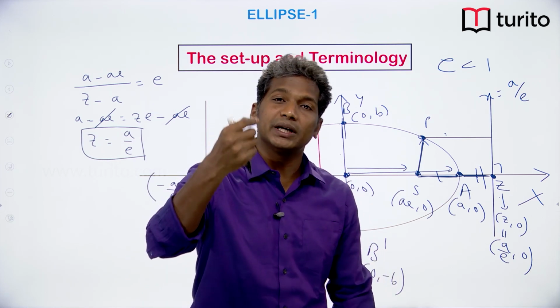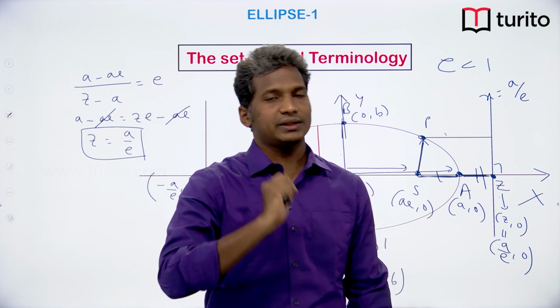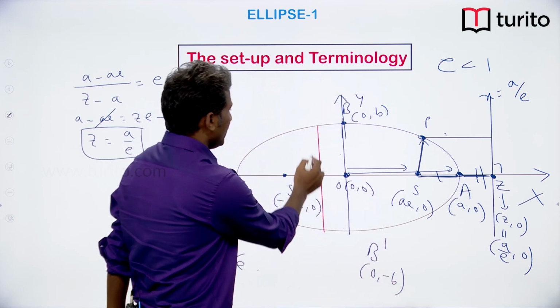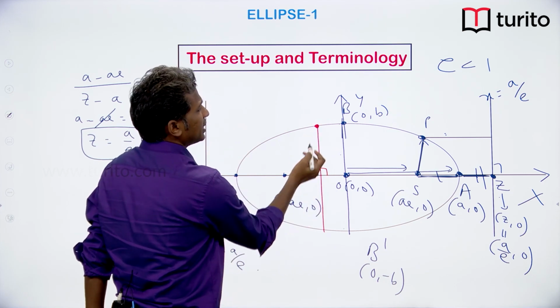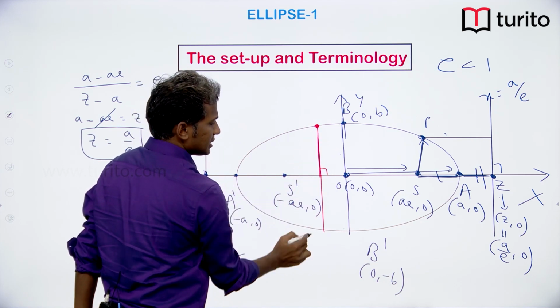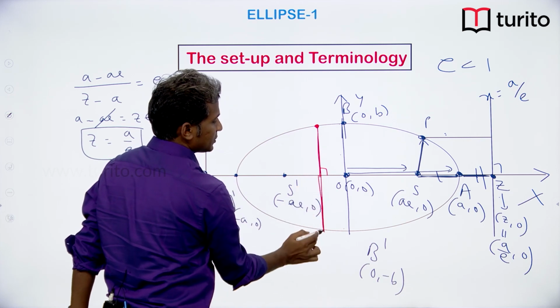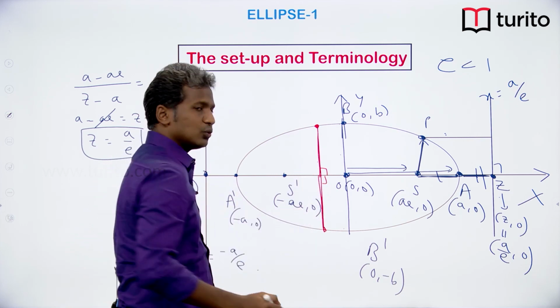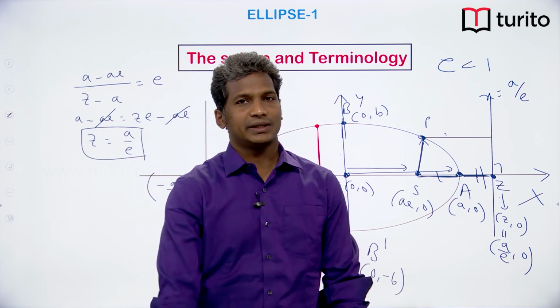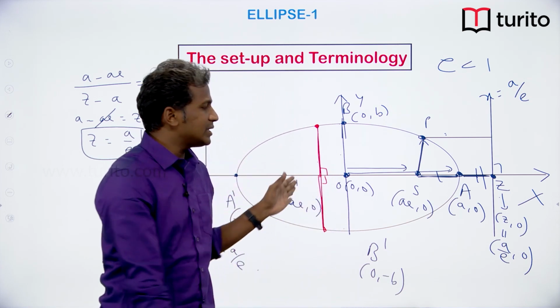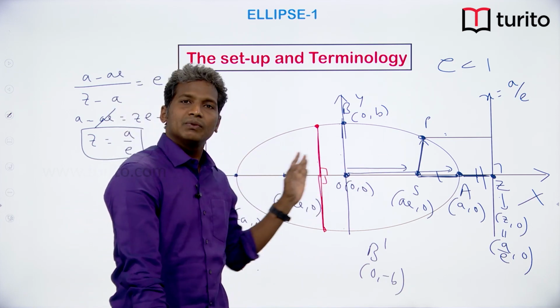Ordinate is the perpendicular drawn from the point to the x axis. Here in this chord there are two perpendiculars, one drawn from this point to the x axis and another drawn from this point to the x axis. There are two ordinates involved here, hence it is called a double ordinate.